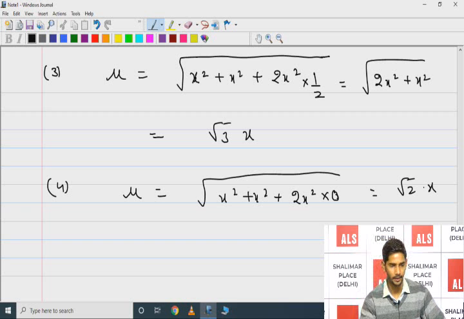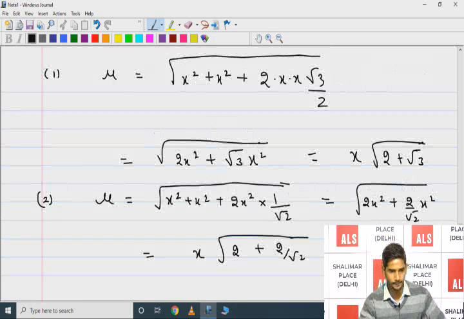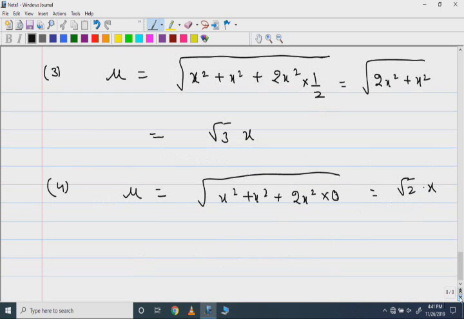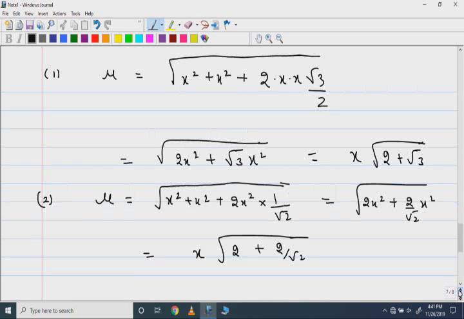So what can we say? The first one is x under the root 2 plus root 3, then x under the root 2 plus 2 by root 2, then root 3 x, and after that root 2 x only.